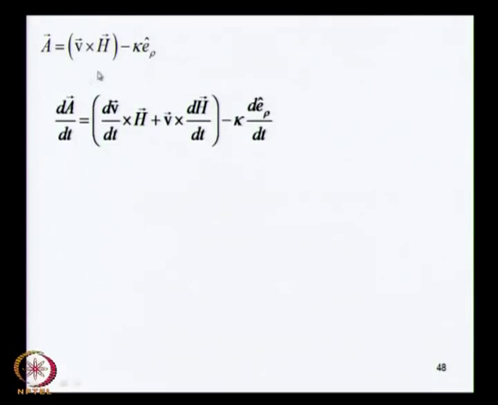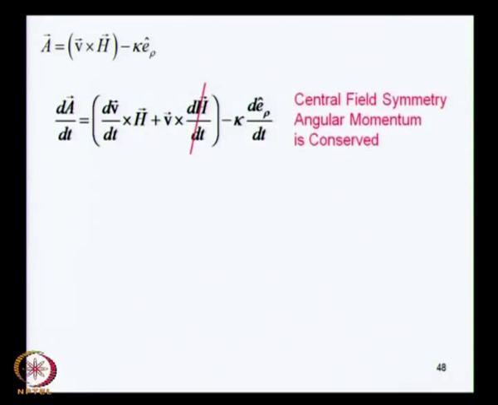So, the time derivative of the Laplace Runge-Lenz vector will be dv by dt cross h plus v cross dh by dt from the time derivative of this term. Kappa is a constant, and then you have the time derivative of the unit vector, and these unit vectors of course change from point to point and from time to time.